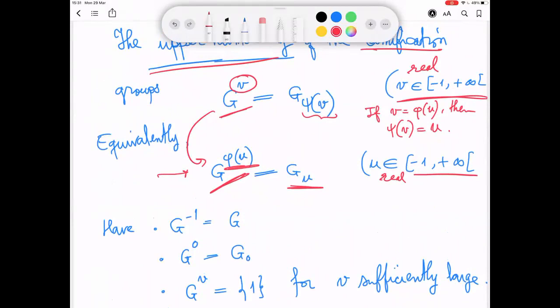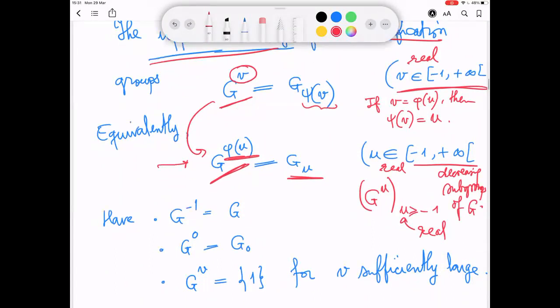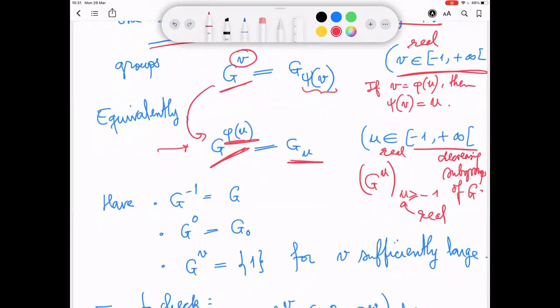So we have got subgroups G lower U, U greater than -1, U real. These are all subgroups, decreasing subgroups of G, and that's what a decreasing filtration is. Let me use V here.